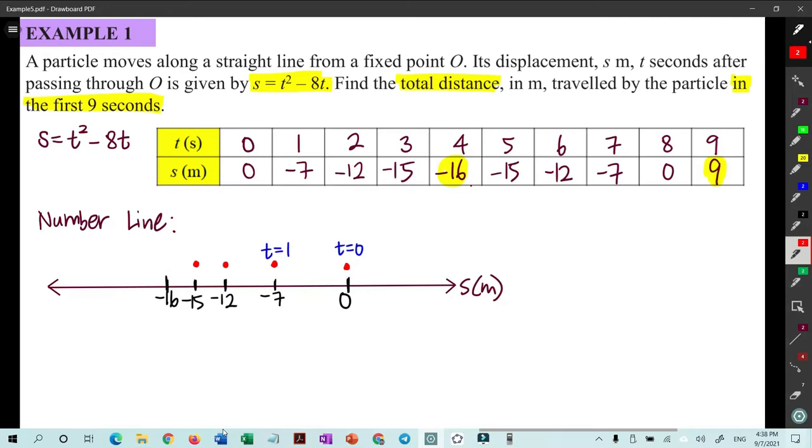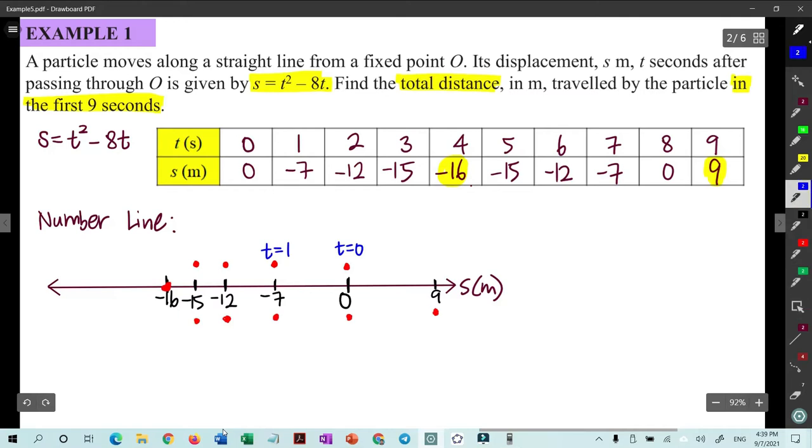The negative 16 is located here, because the particle is making a U-turn at s equals negative 16. And once again we have negative 15, negative 12, negative 7, 0. The particle returns to the origin. After that it moves further towards the right. So we can say this is 9.